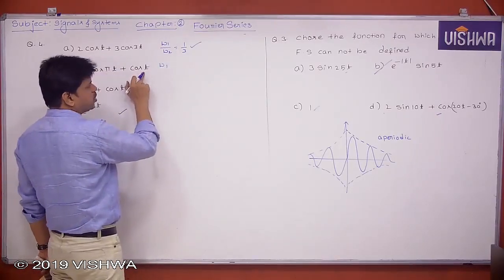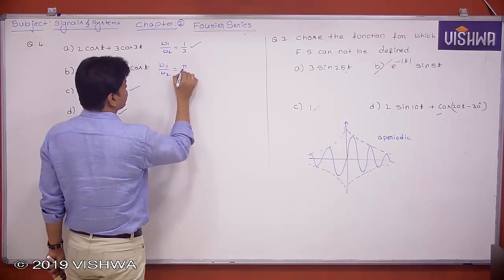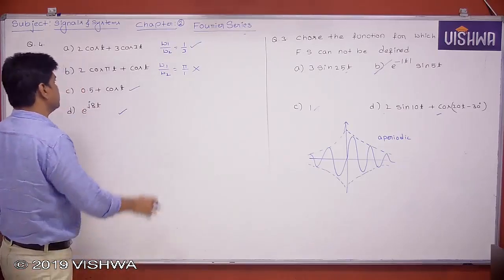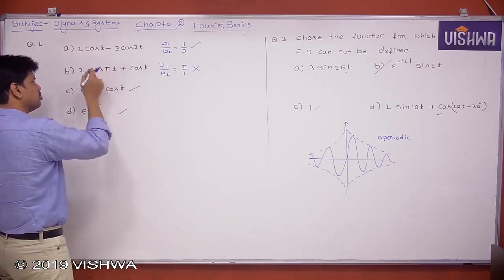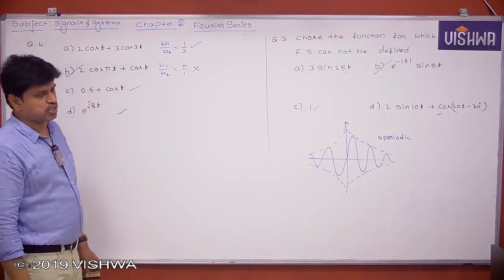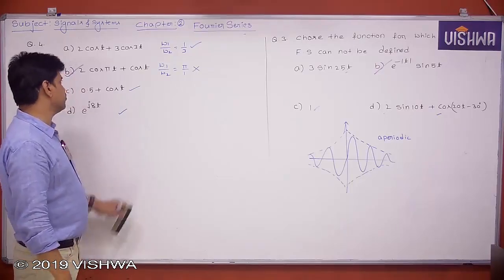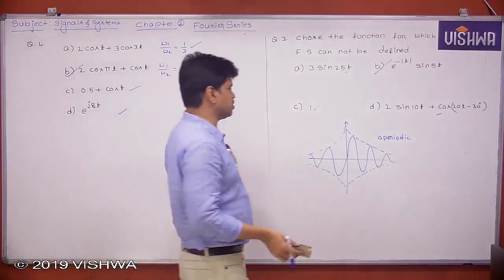What is omega 2? 1. Omega 1 by omega 2 is pi by 1, which is not a rational number. So this expression is not periodic, and it does not have a Fourier series expansion. So the function for which Fourier series cannot be defined is option B.